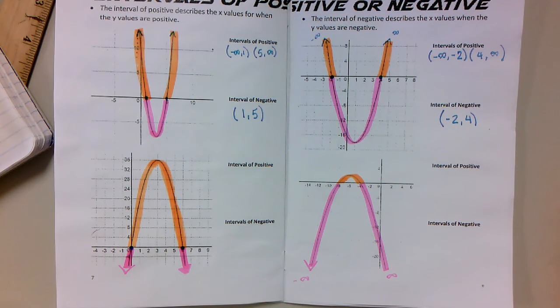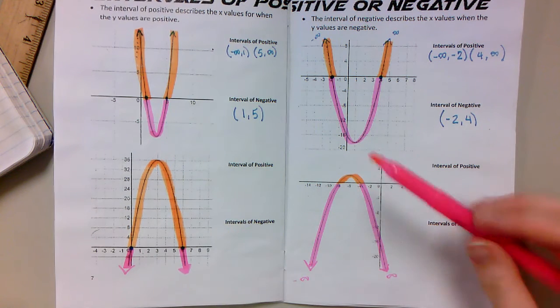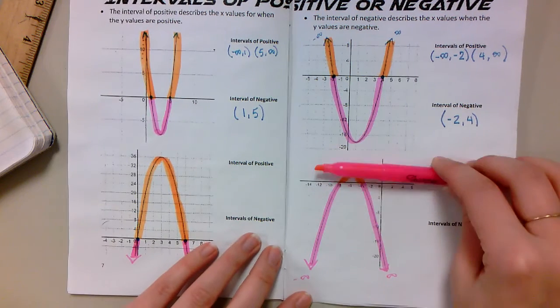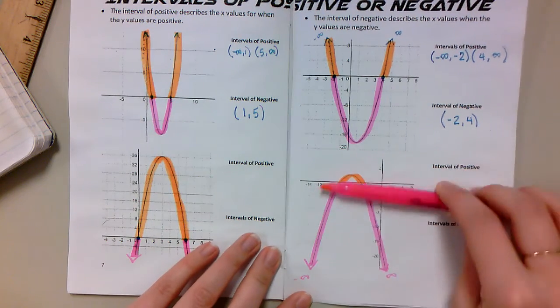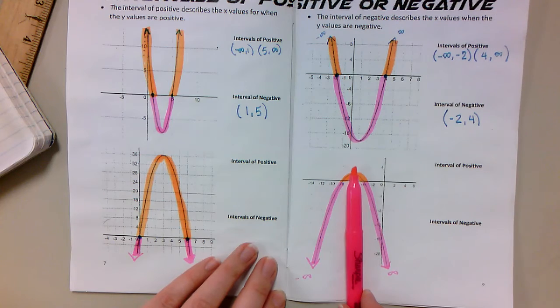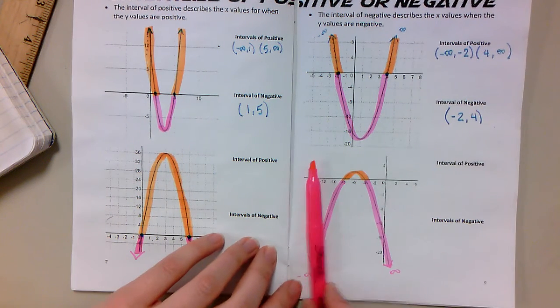Now, even though this is opening down, I don't want you to think that that means it's negative for both sides. We're still talking about x values. The y values are majority negative, as you can see, because this opens down. But from the center, this end is further left, which is negative infinity.